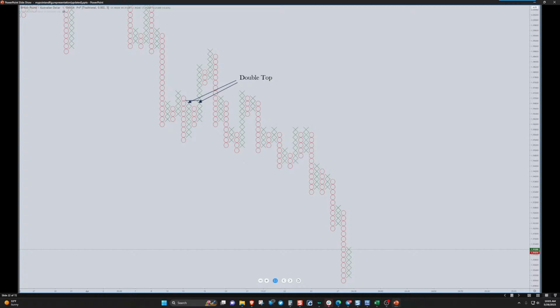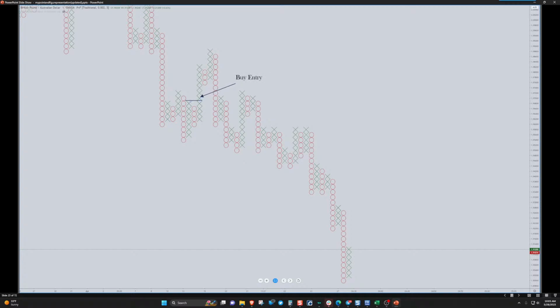You do buy the breakouts above tops, and you do short the breakdowns of multiple bottoms. It seems very opposite to what you should do, because we're always told buy low, sell high. Well, that's great in theory, but in practice, it's a little bit more difficult.